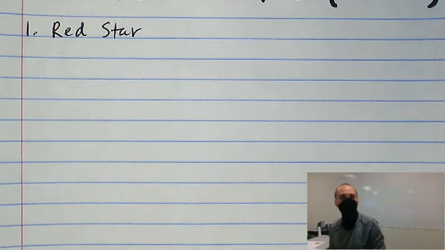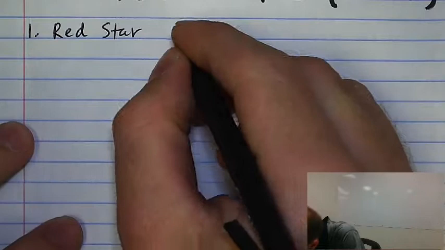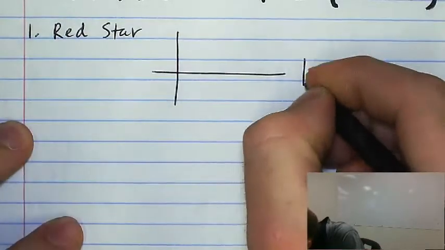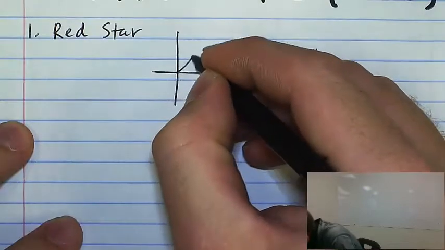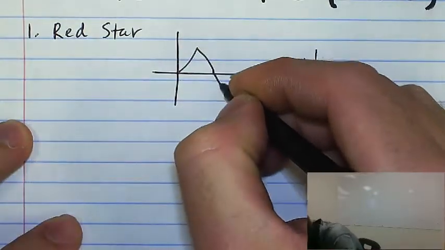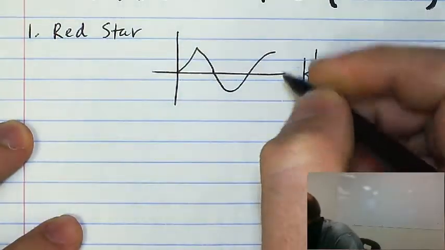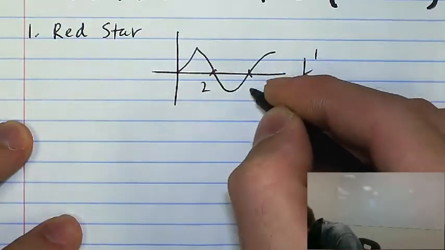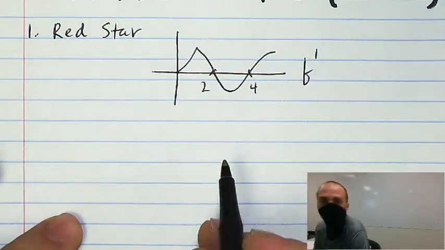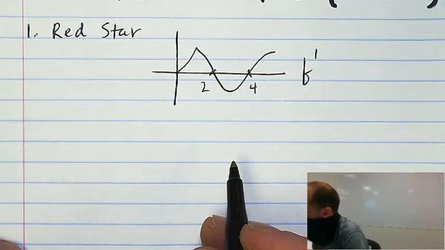All right, now the first one I'm going to do is red star. Okay, so they give you a picture of a derivative. This is f prime, and it is looking about like that, where this is 2 and this is 4. So they're asking, where is f increasing?